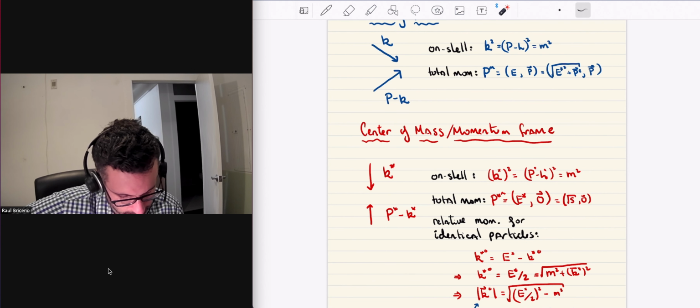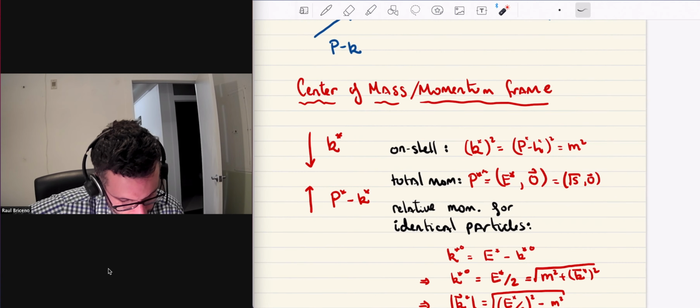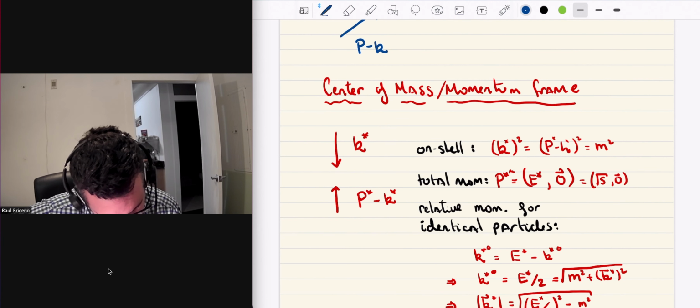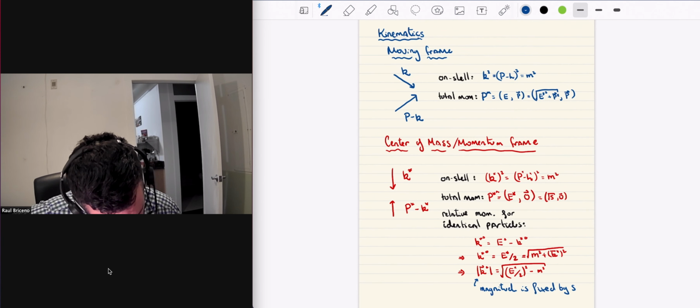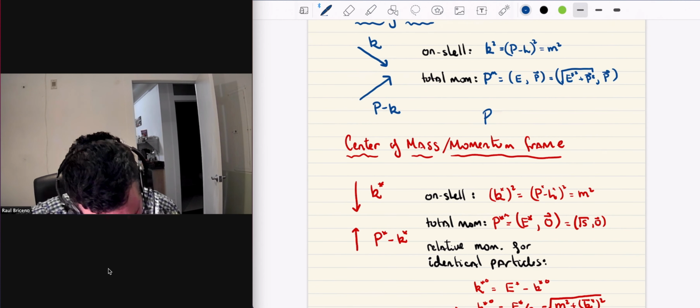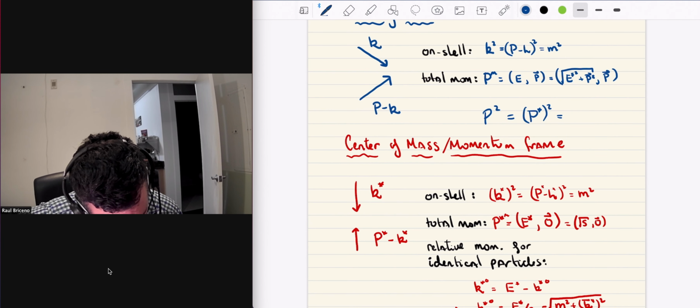The total momentum in the center mass frame is again a 4-vector, where the zero component is equal to the energy in that frame and the rest is 0. The 4 momentum squared of a 2-particle system is a Lorentz scalar, so if I evaluate it in any frame, it's going to be the same as in the center mass frame, which is just equal to E star squared.